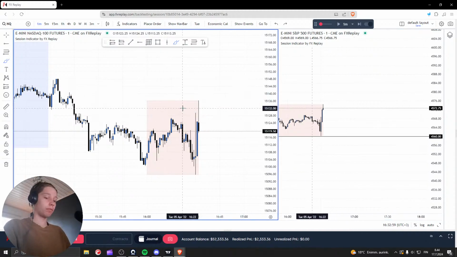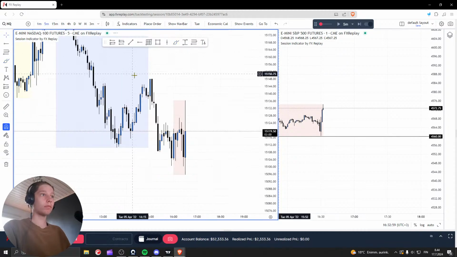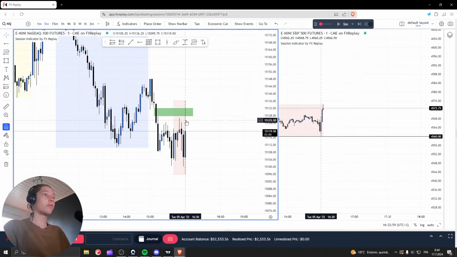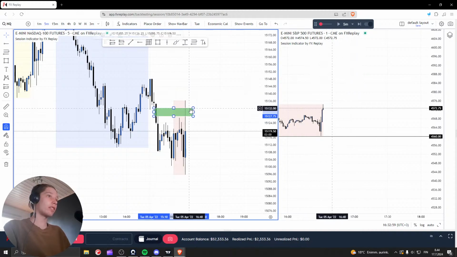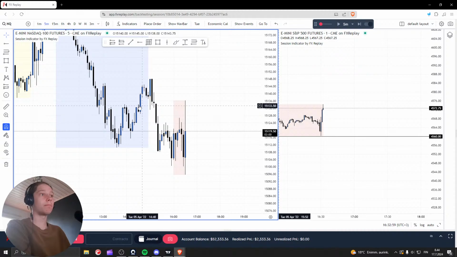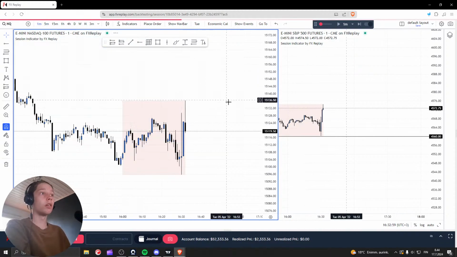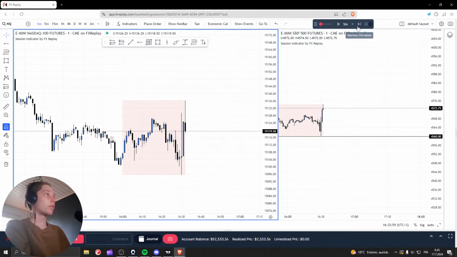So this could be, we are rejecting away from the 5 minutes. This could be a 15 or 30 second chart market maker sell model, and we are now at the point where we see a smart money reversal.